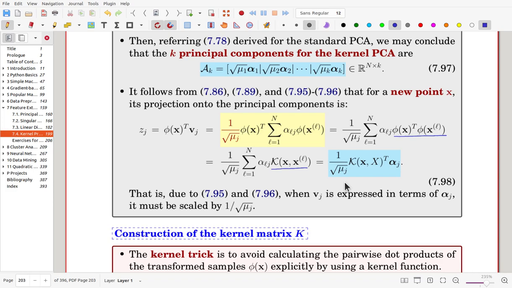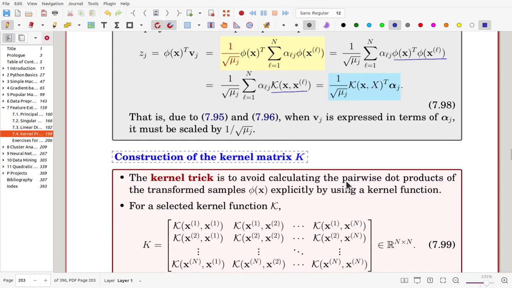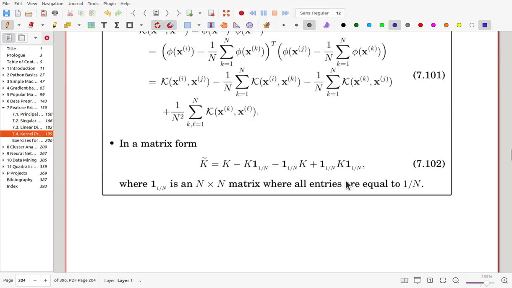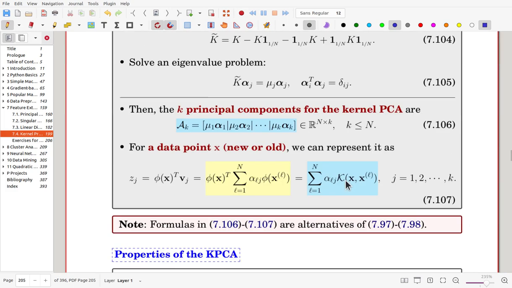Then it's simpler. There's no mu j involved here. Rather than the square root of mu j, we are using mu j. In this way, you can do it.